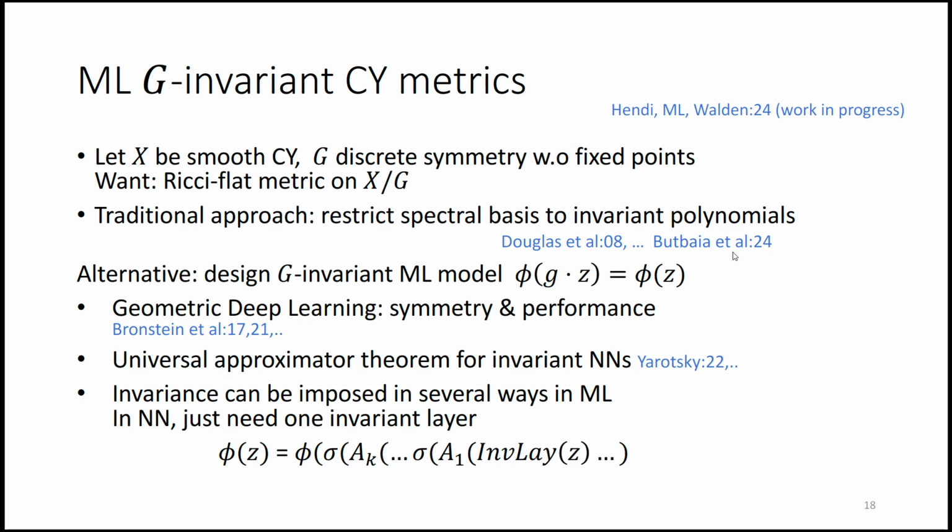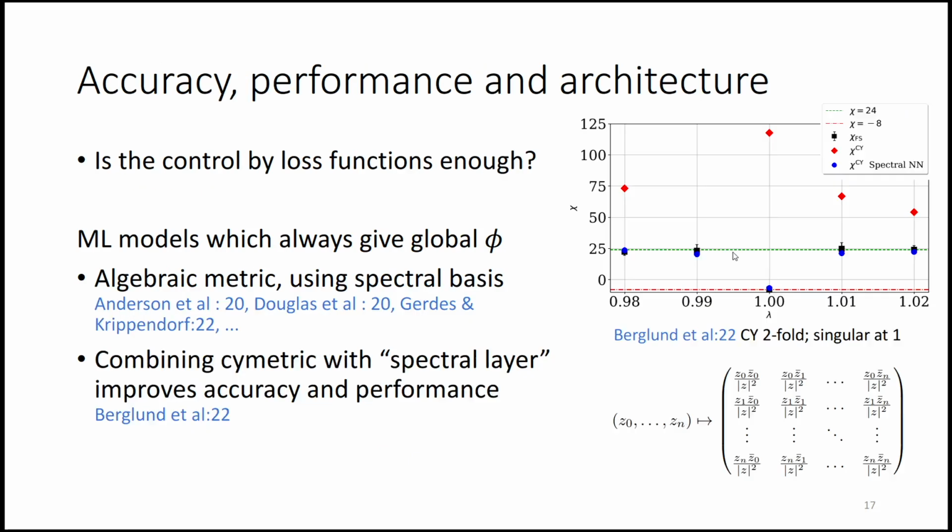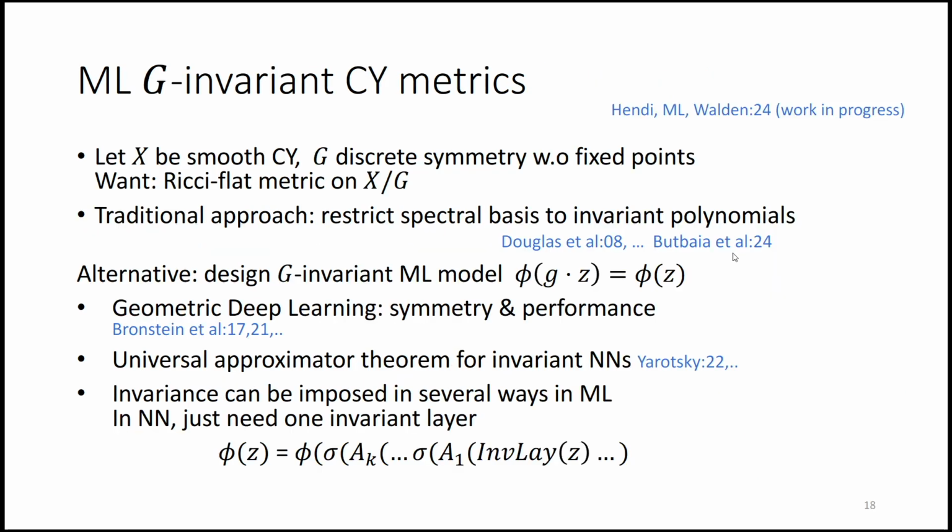Inspired by the fact that we can include such layers that improve our performance and make the prediction for our Calabi Yau metric more accurate, and also on global terms, I've been exploring in the past year together with my students how to use the discrete symmetries that Calabi Yau manifolds may have in machine learning models and how we can include that in a natural way.